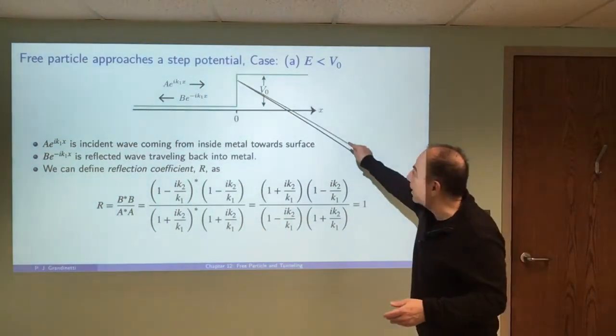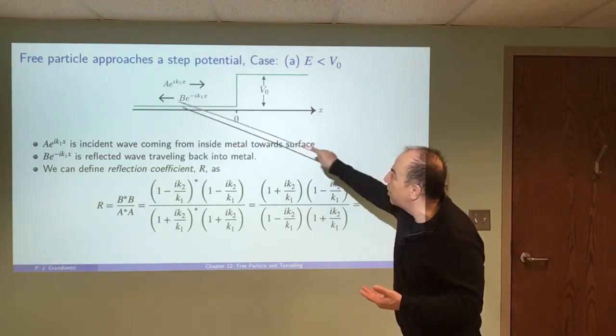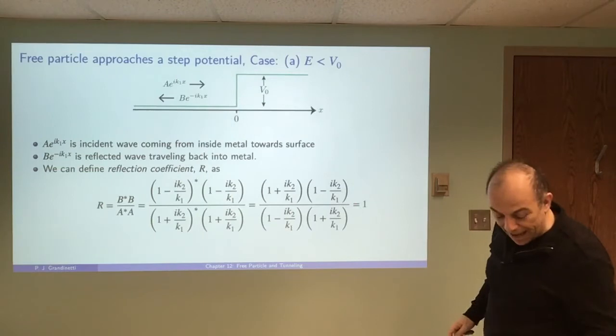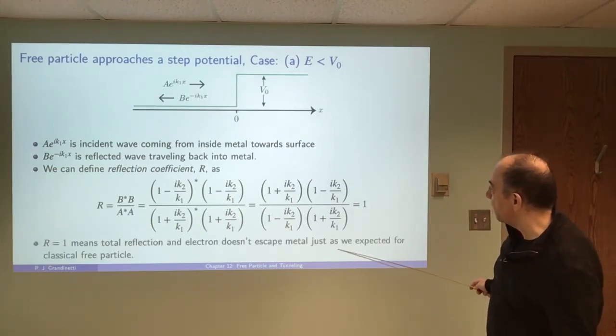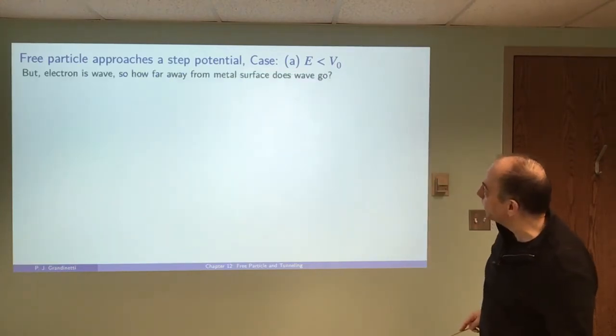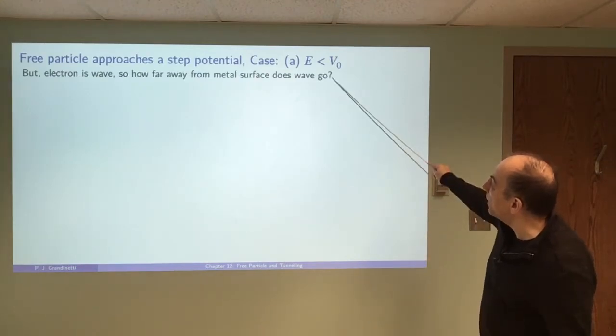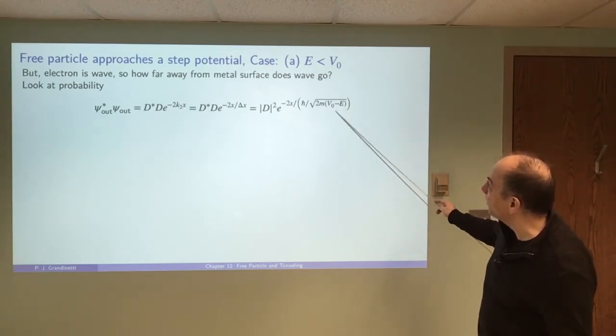Even though there is some amount that's bleeding through, it decays quickly to 0, and so all of the probability is going back. So nothing escapes from the metal, but it does bleed out just a little bit. What we want to know then is, how far away from the surface does it get? We know it's in this classically forbidden region.